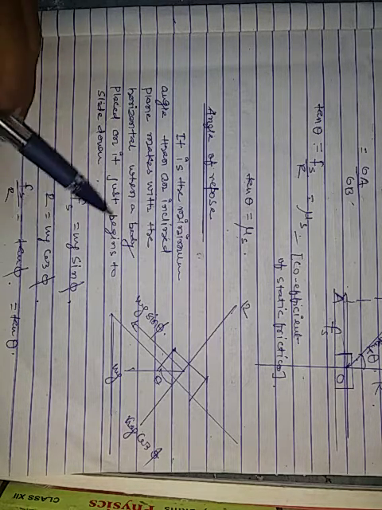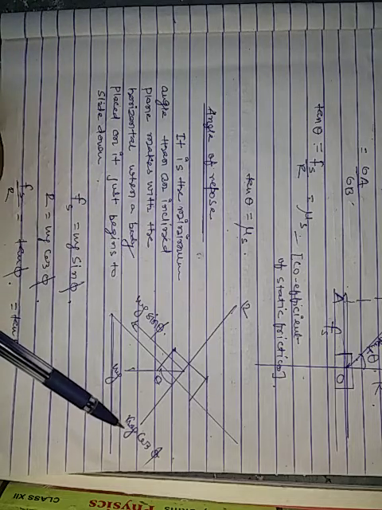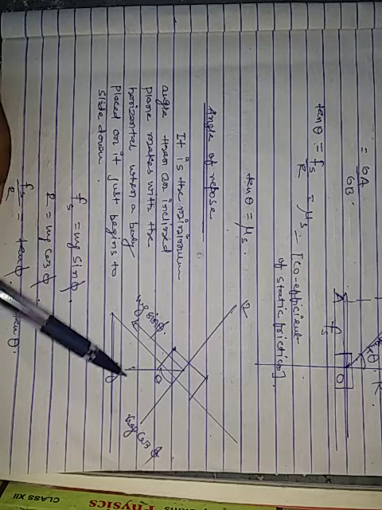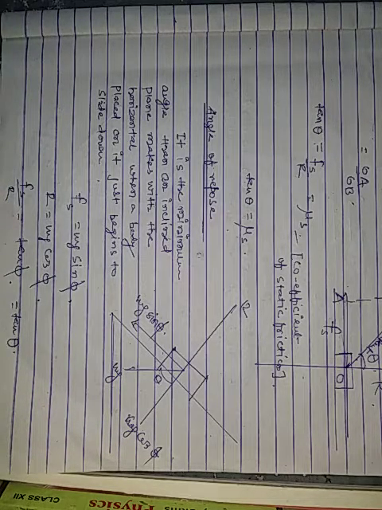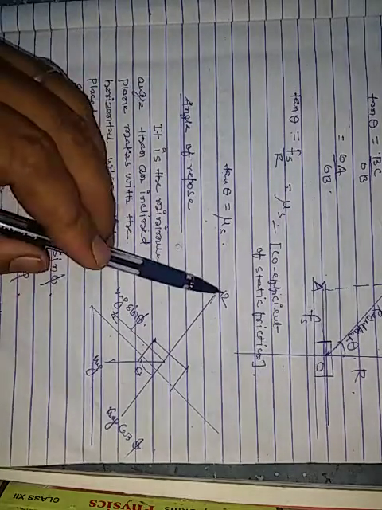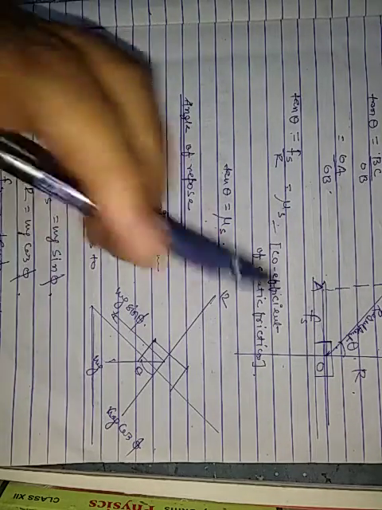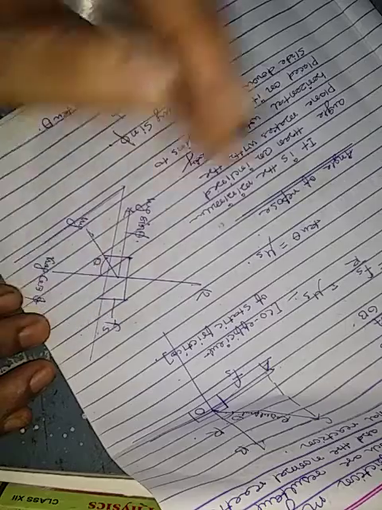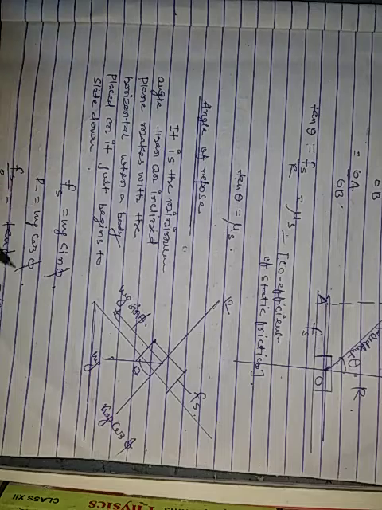R counterbalances mg cos theta, and Fs is mg sin theta. The angle between mg and mg cos theta is theta. So Fs is equal to mg sin phi and R is equal to mg cos phi.